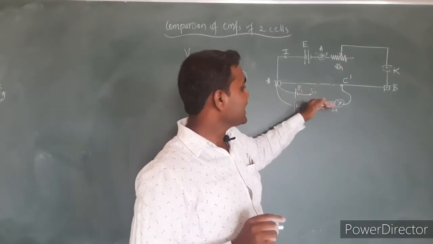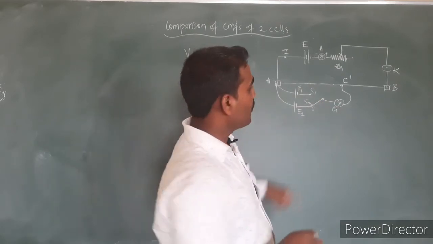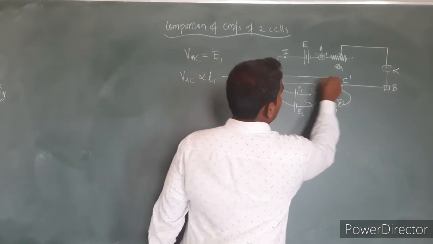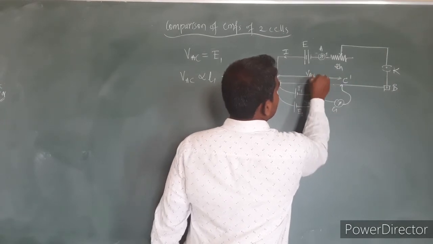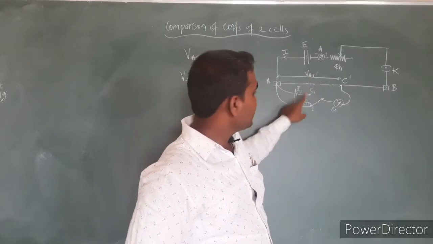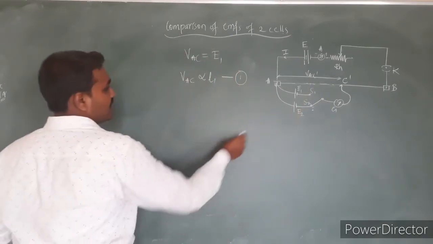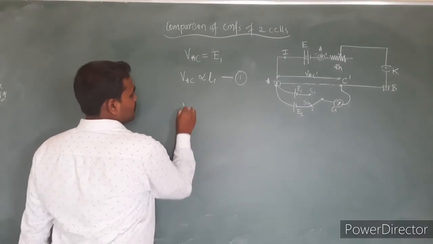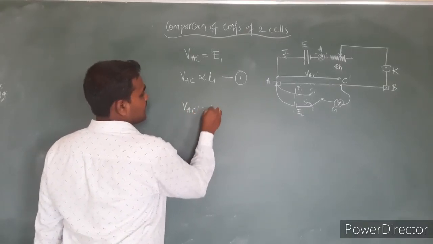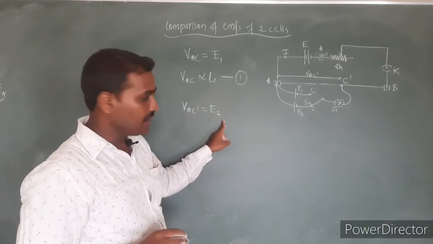So I will place the jockey on the point C dash when the galvanometer deflection is equal to 0. In the second case, galvanometer deflection will be equal to 0 when the potential drop of this length AC dash, VAC dash, is equal to the EMF of the second cell. So VAC dash is equal to E2.